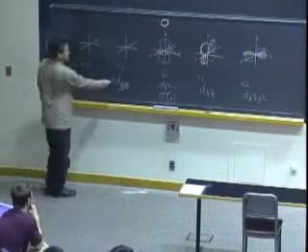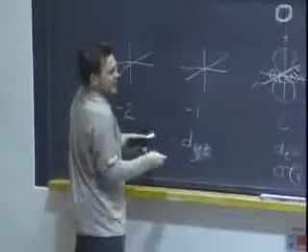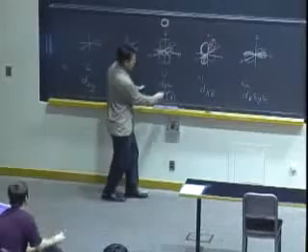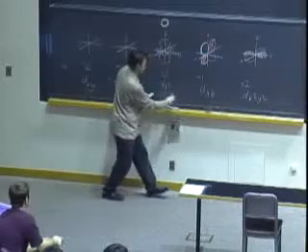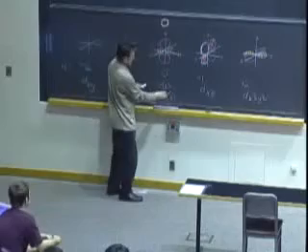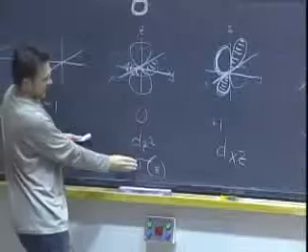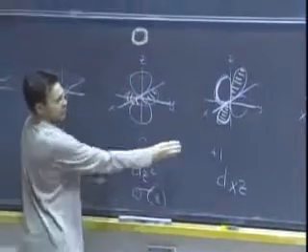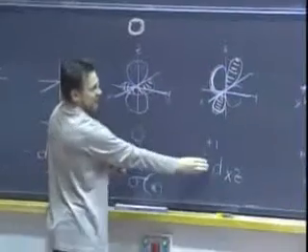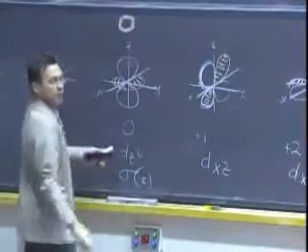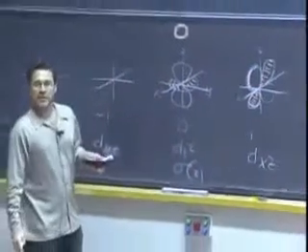And then yz is like xz, but let me finish this part here. If dz squared is sigma with respect to z, and you imagine looking down z onto dxz, what would that be with respect to z?